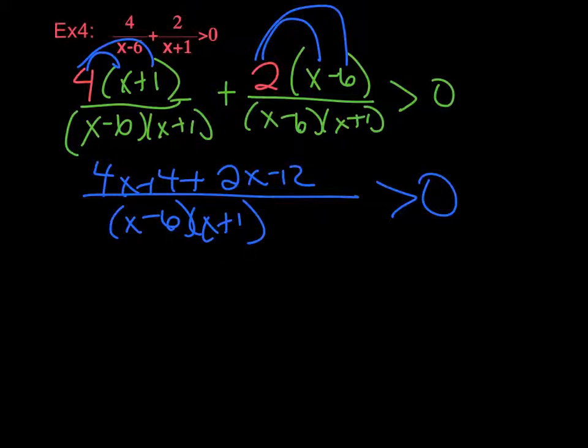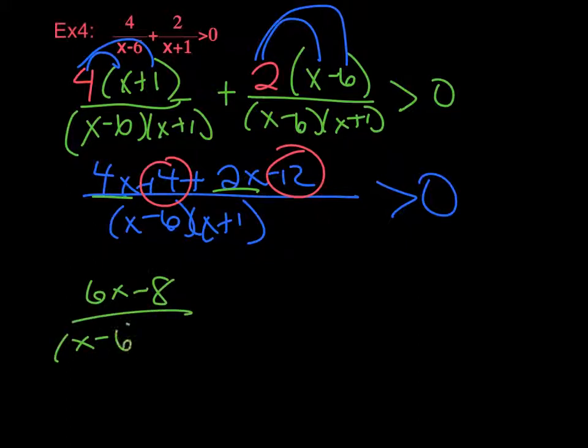Then I'm going to combine my like terms, my 4x and my 2x, and my 4 and my negative 12. These two combine, that's 6x. These two combine, that is negative 8 over x minus 6, x plus 1, greater than 0. Now that I've got it in one, for my critical points I'm going to worry about my numerator, and then I will check my denominator later.